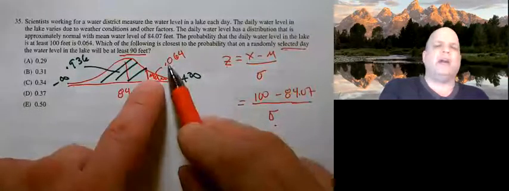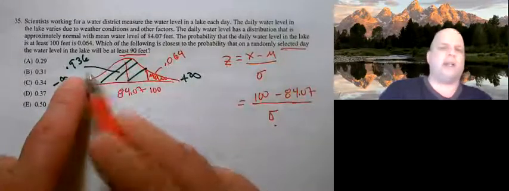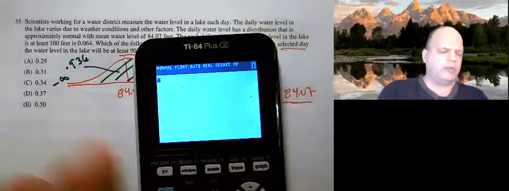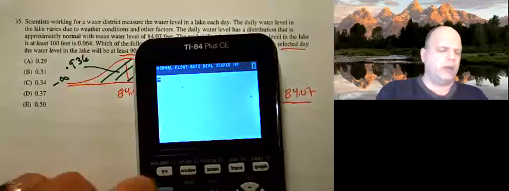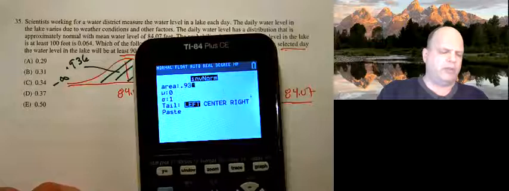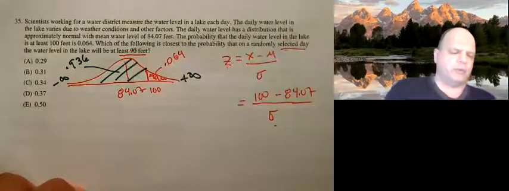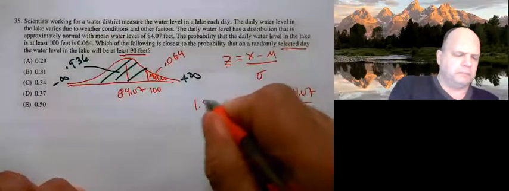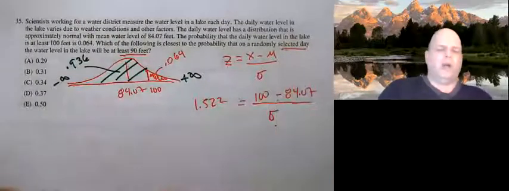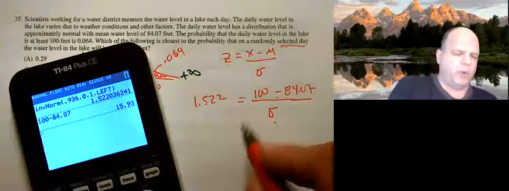Well, they give me an area of 0.064, which means working from left to right, I have an area of 0.936. So I need to calculate a Z-score for this 0.936. Second vars, inverse norm, 0.936, because I work left to right. And I end up getting 1.522 for a Z-score. 100 minus 84.07 equals 15.93.